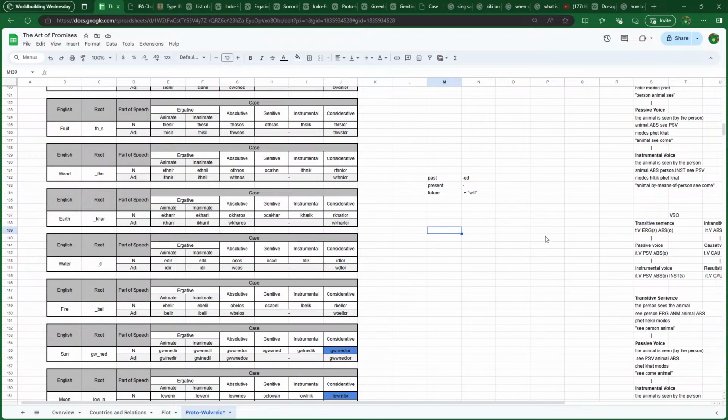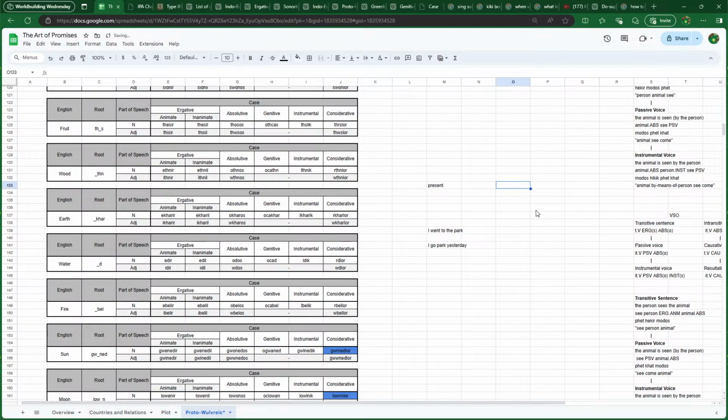The way I want to handle this in this language, I don't want to have a future tense or really a past tense. I want this to be marked by, so instead of saying I went to the park, I want this to be I go park yesterday.